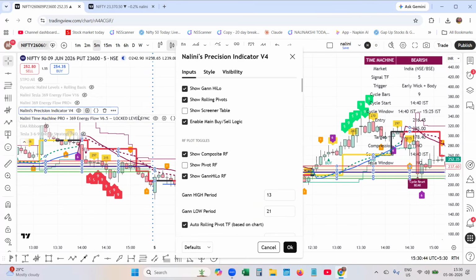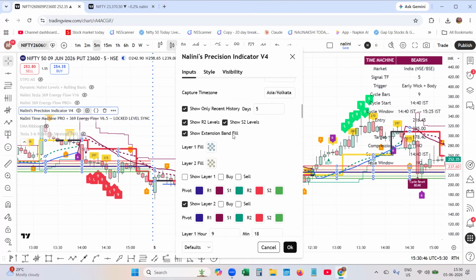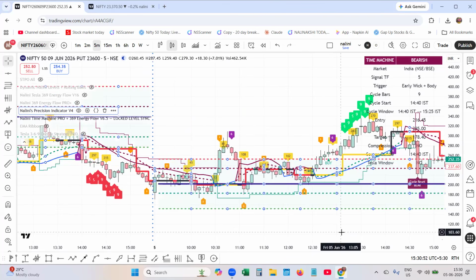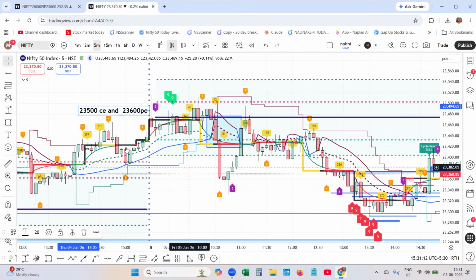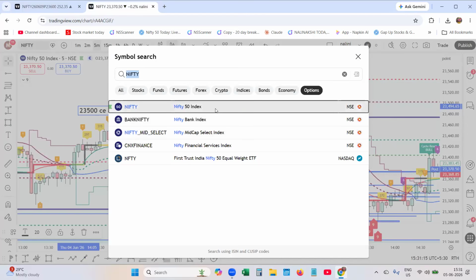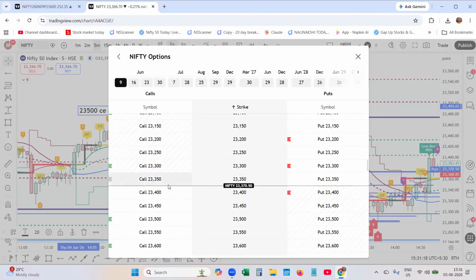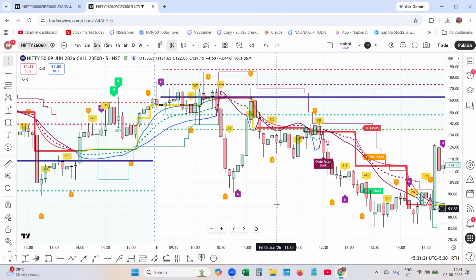What you can do is, let me take out layer 2, just show the morning layers. When I apply the morning layers, you get to know 198 is the deciding level, the pivot level, 198. And for the 23,500 call option, the deciding level is 160.